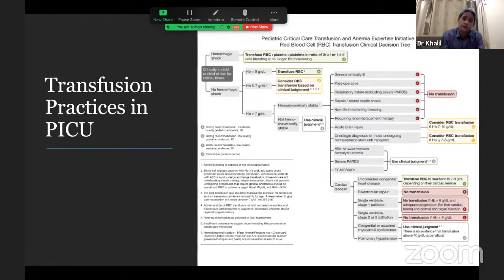We all know about TACO, that is transfusion associated cardiac overload, or TRALI, transfusion related acute lung injury. So you have to be judicious when you have stable children with low hemoglobin. And when you have a hemoglobin cutoff of above 7 in a hemodynamically stable child, again, wait.